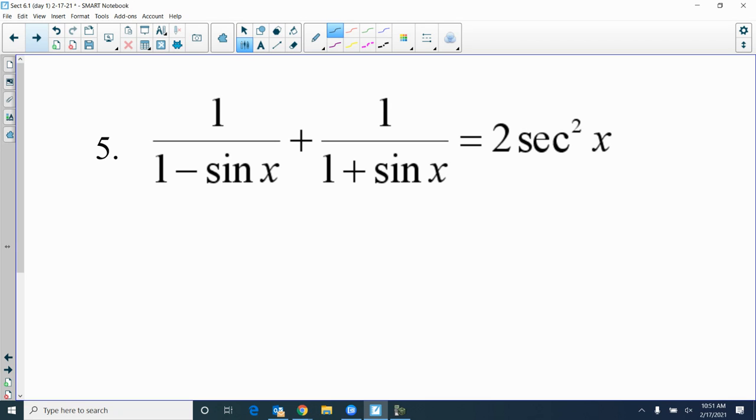Can't do that. Just 1 over sine. But you get everything right.